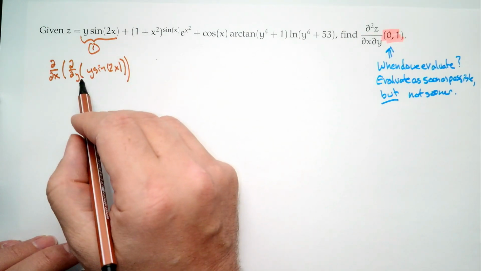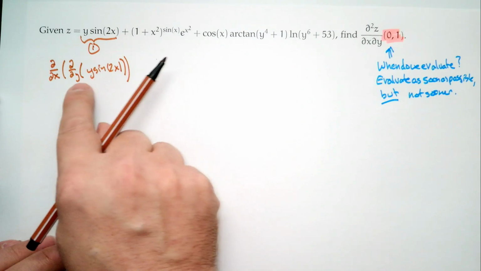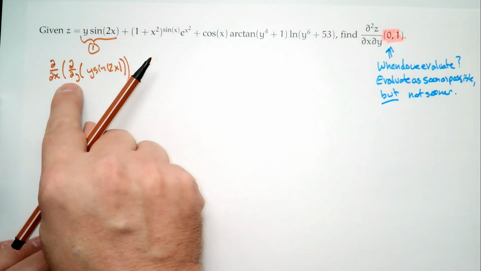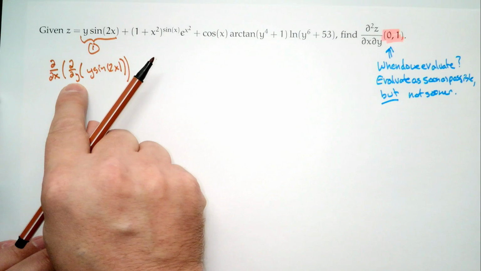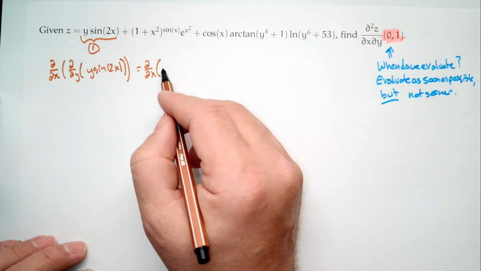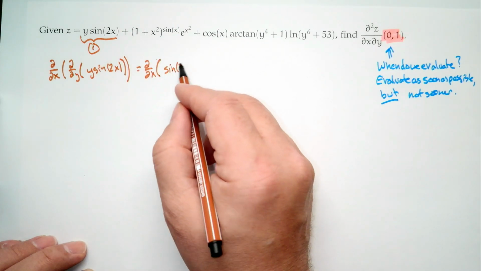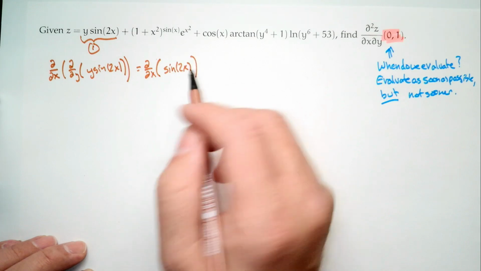All right, so come to the inner layer. The derivative of y sine of 2x with respect to y, because that's the derivative with respect to y. What do we get? We get sine of 2x, because the derivative of y is 1. So at that stage, sine of 2x is like a constant.